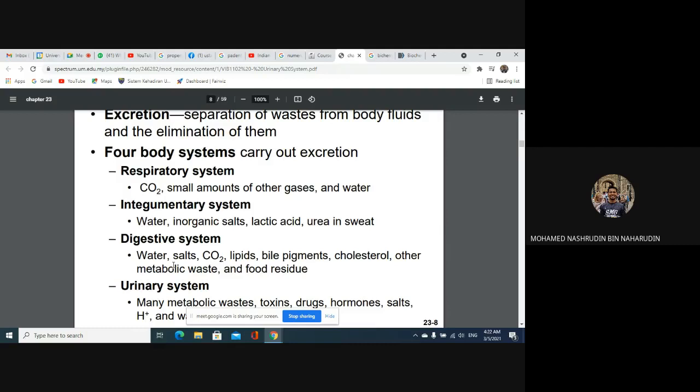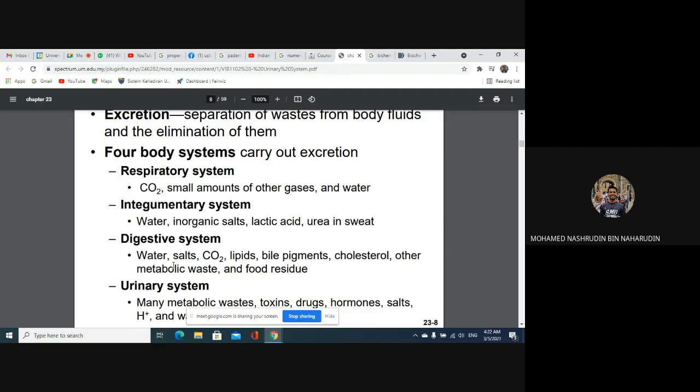Salts will increase the pressure of your circulation, and pressure, as I mentioned, is very much associated with excretion within the circulation. The same goes with lactic acid, and the acid-base balance.